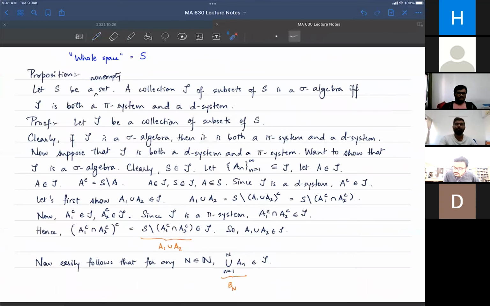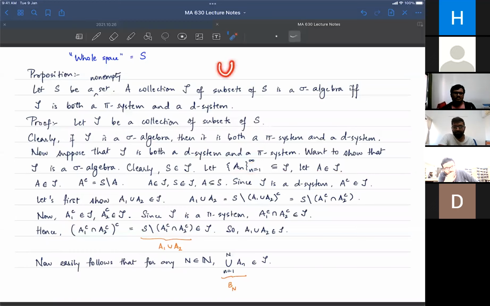Now suppose A_n, n going from 1 to infinity, is a sequence in script S, and suppose A is in script S. To show sigma algebra, what do we need to show?